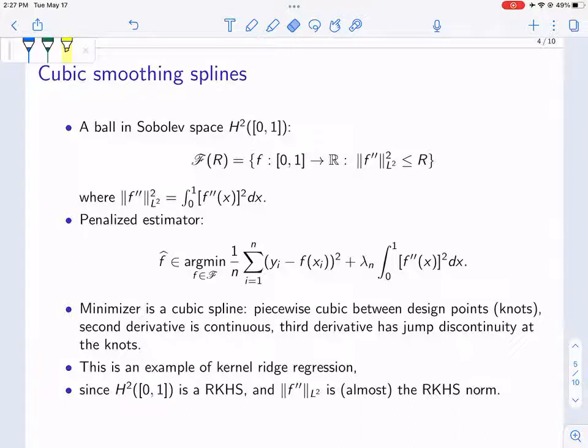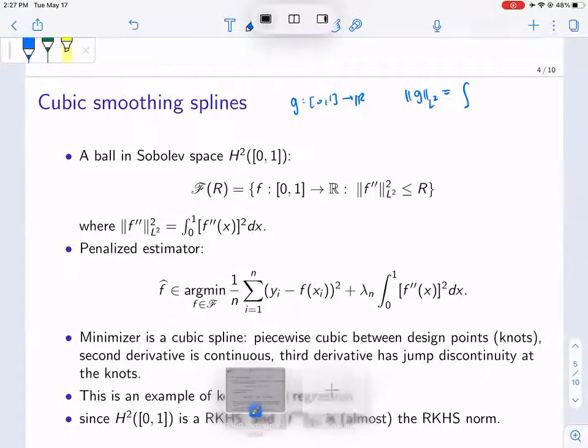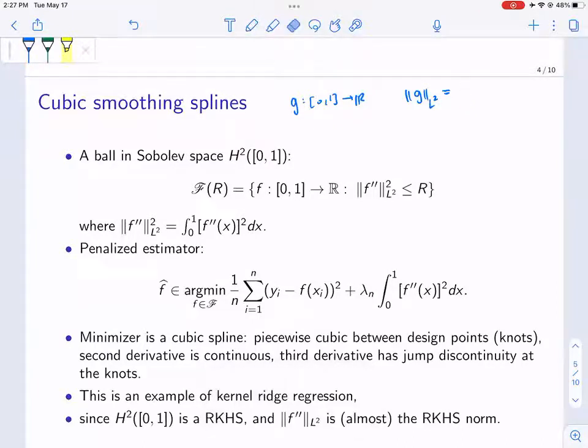So the L2 norm for a function, let's say g from 0,1 to R, you may know that the L2 norm is with respect to the Lebesgue measure. The L2 requires a measure on the underlying space.